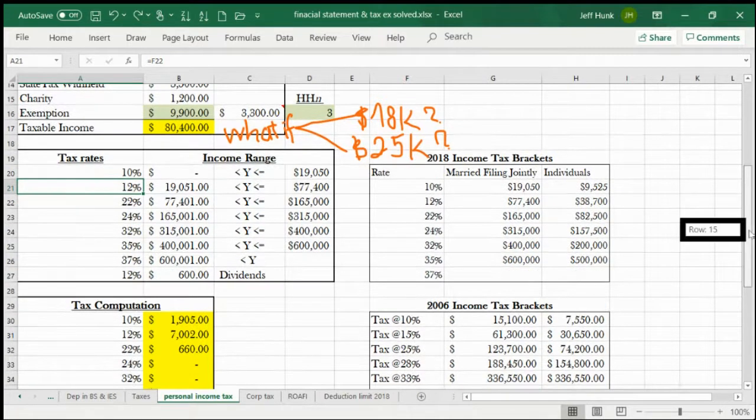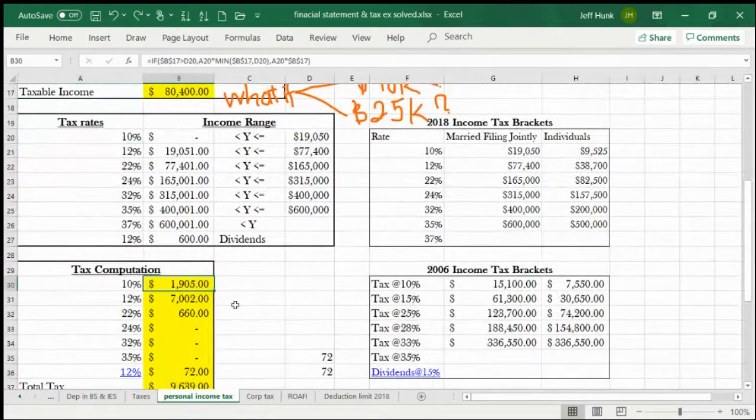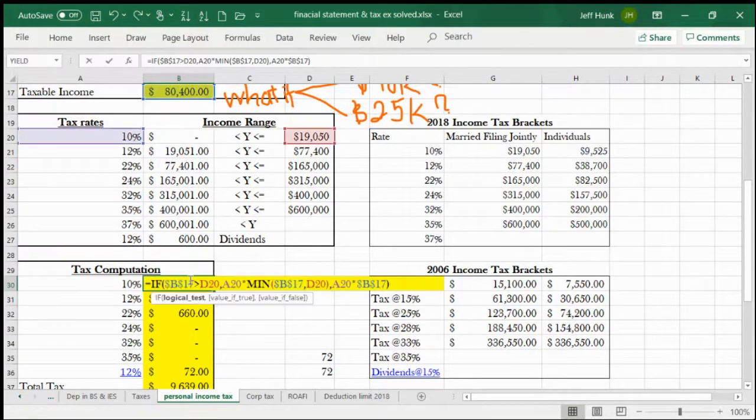So here's what I did, actually. Let's take a look at this. Now I put income tax bracket for comparison purposes between 2006 and 2018. So here, let's take a look at this example.